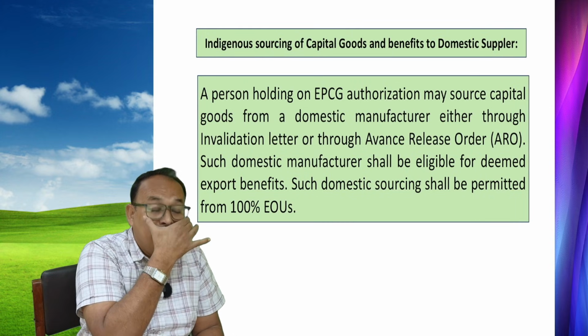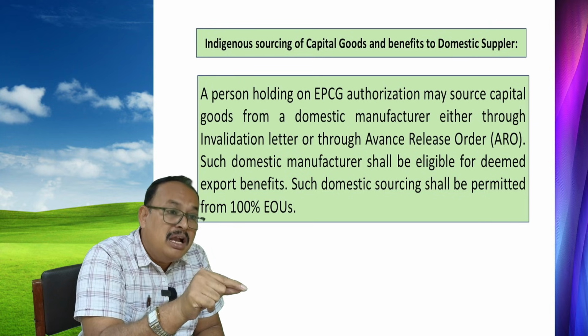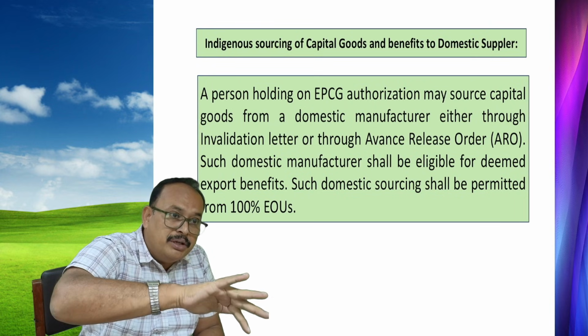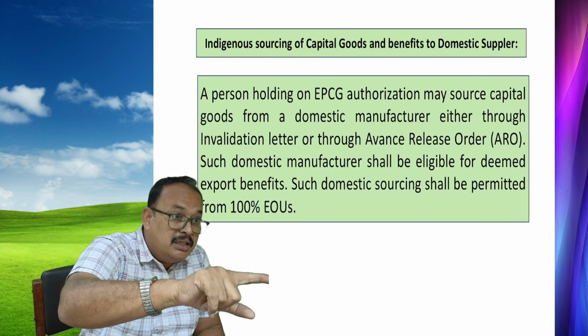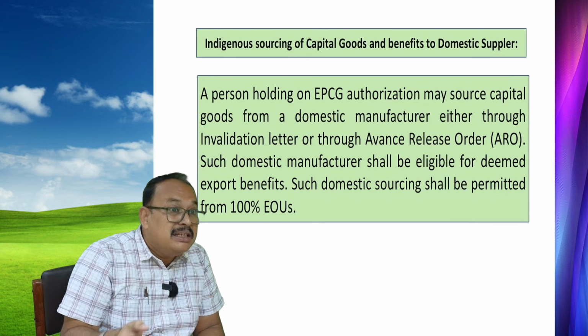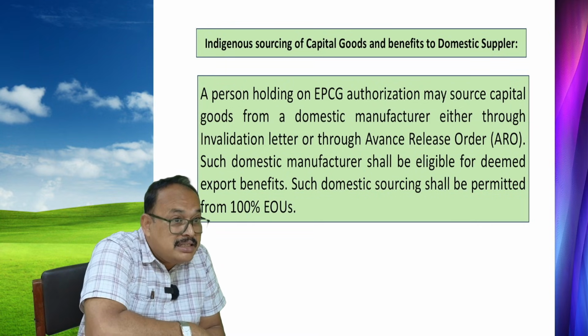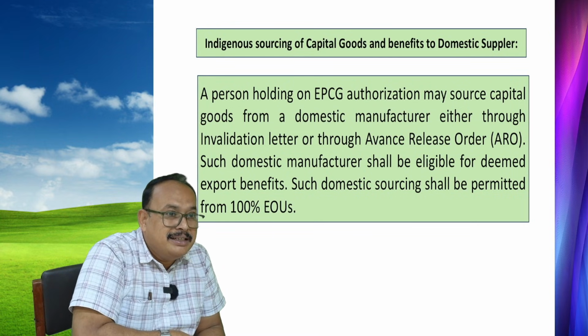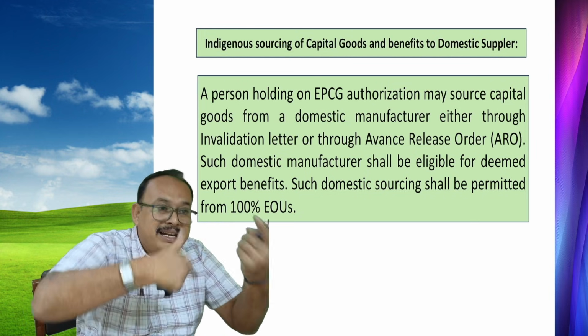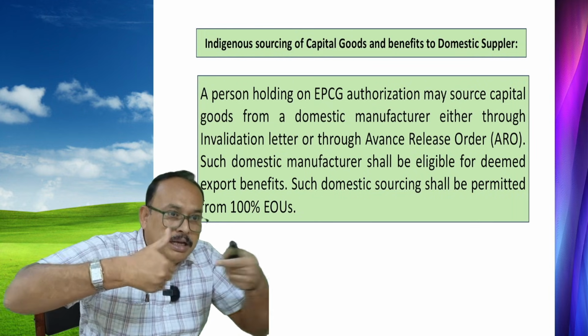Meaning, if I am holding an EPCG authorization and want to import the goods, you can import without payment of import duty. But if I want to purchase locally, I should invalidate this advance authorization, namely the EPCG license, to buy locally.